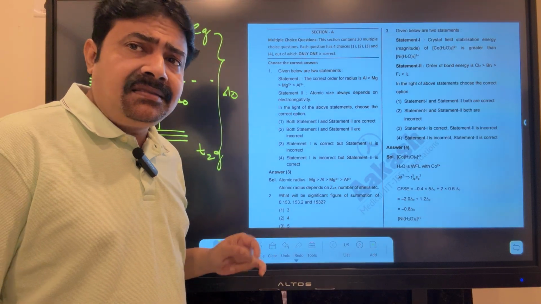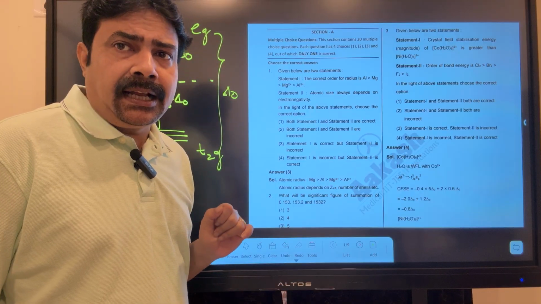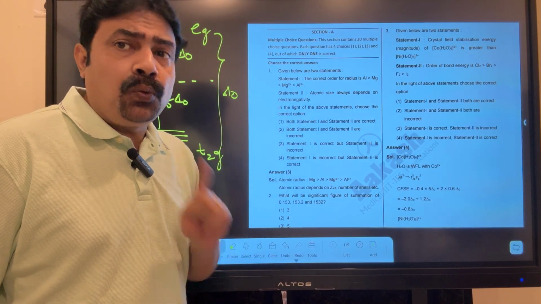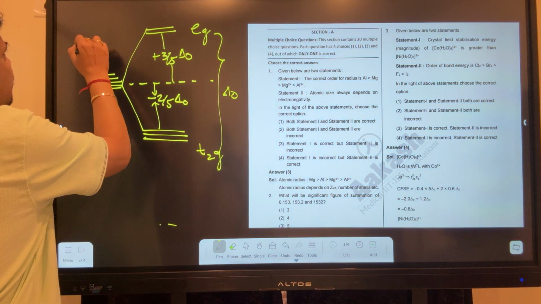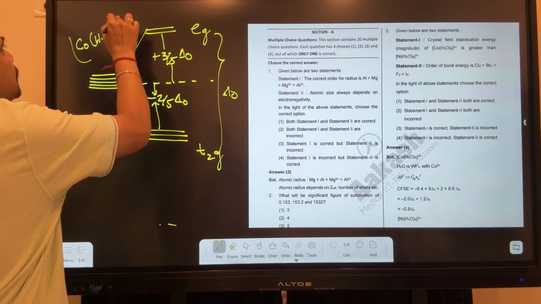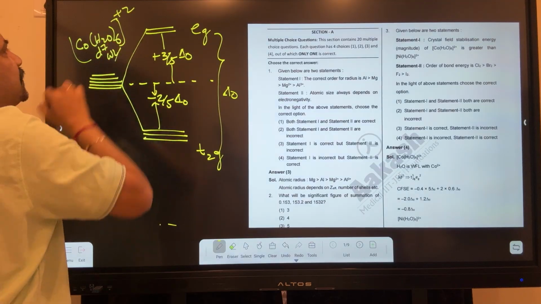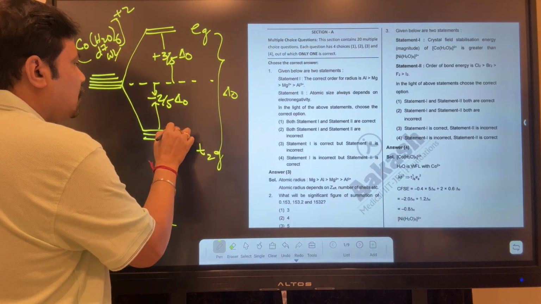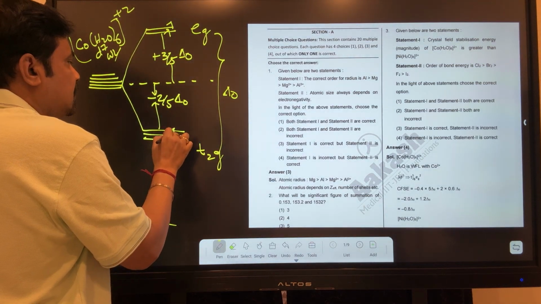If cobalt were in the +3 state, only then would H2O act as a strong field ligand, but here cobalt is in the +2 state, so H2O acts as a weak field ligand. So for [Co(H2O)6]2+ we have a d7 configuration and a weak field situation. Weak field means how will it fill? 1, 1, 1, 1, 5 electrons, then 6, 7.